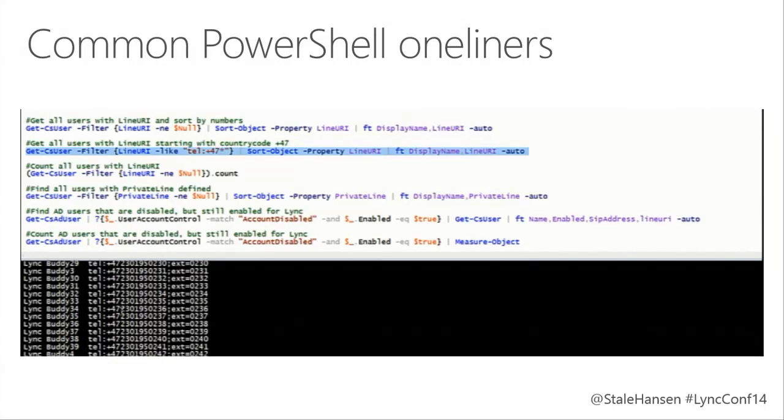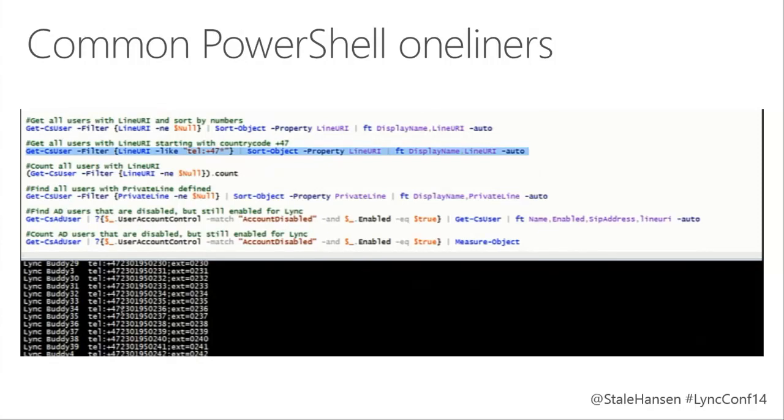And the reason I use filter here, and you should always try to use filter every time you use Get-CsUser or other PowerShell version 3 or version 4 cmdlets, is that it will get all the users which match your parameter right away.